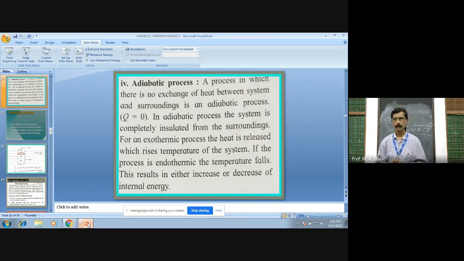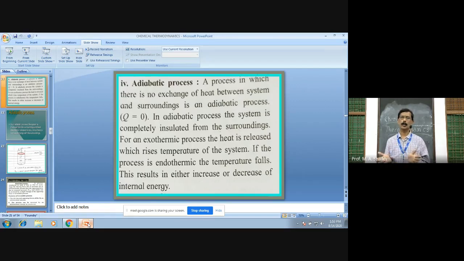In other words, we can say adiabatic process is the process in which system does not exchange heat energy with its surroundings. Even we can say adiabatic process is the process in which heat energy neither enters the system nor leaves the system.